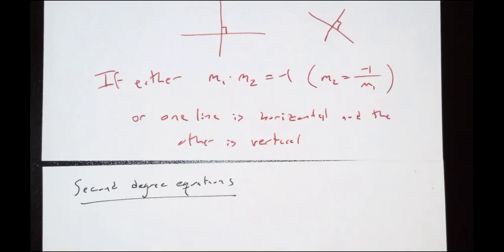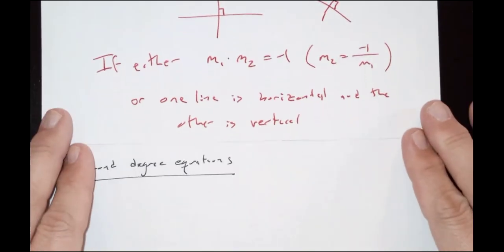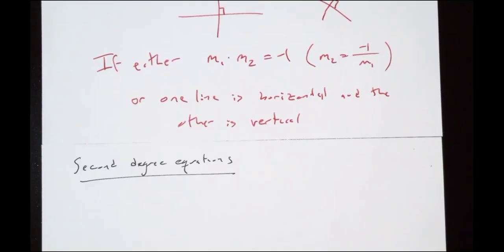If I allow myself to include not just first powers, but second powers, then I'm looking at something called a second-degree equation. The most common thing we will see that is a second-degree equation is a circle.